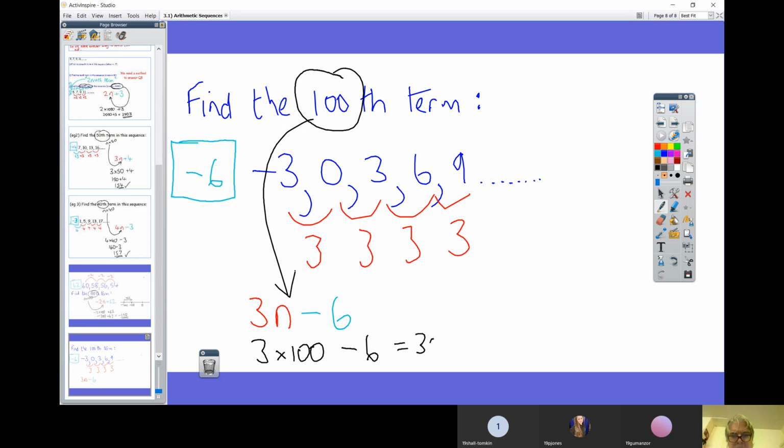So that's 300, take away 6, which is 294. So that should have just hopefully blown the cobwebs away. Okay, for those of you who just couldn't be bothered to look back at the notes or who hadn't got the notes with them. So let's go and do the next one, please.